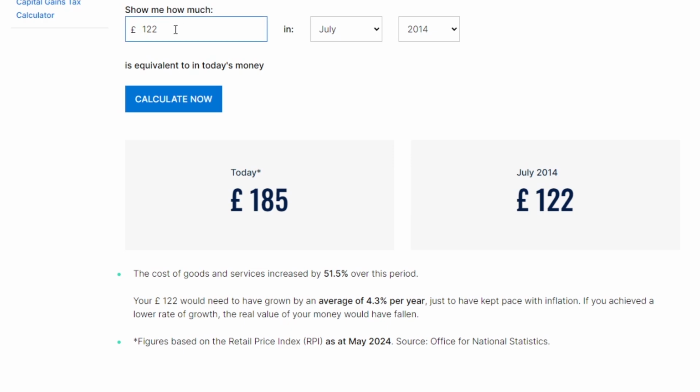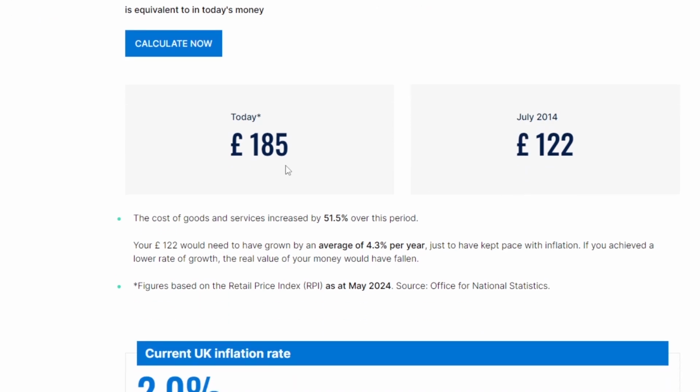So we're taking this same figure again, just ignore the fact that it's in pounds. It can be in dollars, it's just the displaying figure. We're talking more about the numbers here instead of the actual value of this. So we just typed in a simple calculation: show me how much $122 in July 2014 is equivalent in today's money.